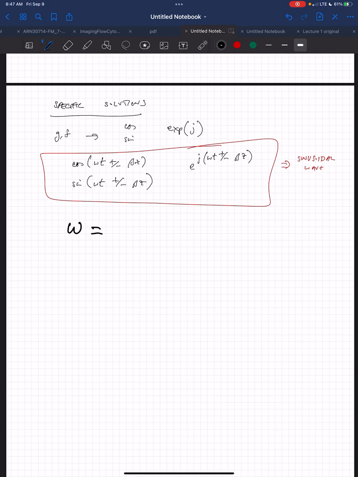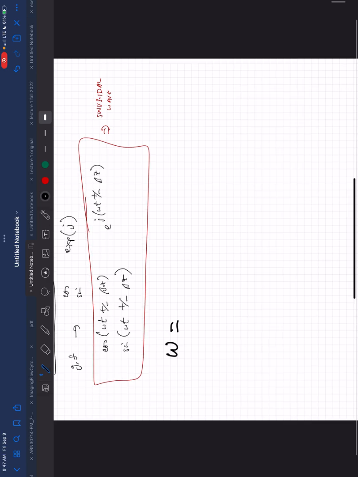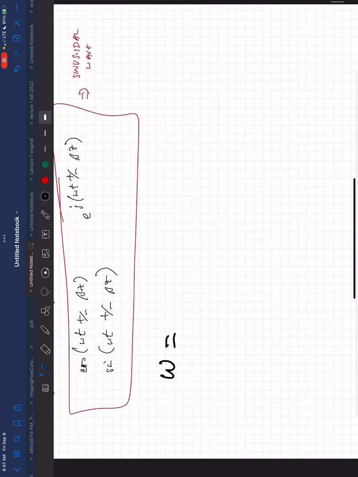Let me see if I just flip this over, would it work? Is this better? Is it too big now? I hate writing like this. Is this a good size for you guys? Yeah, this is good. Okay, good.